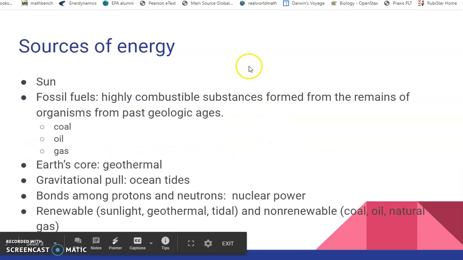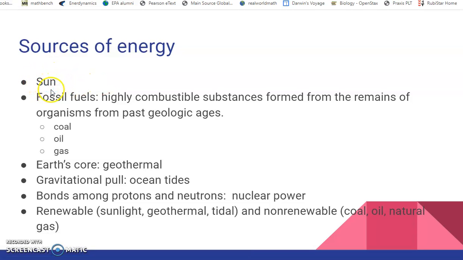Okay, and just a little bit about sources of energy. So probably you all know the sun is the ultimate source of a lot of our energy. When we talk about living systems, almost all, except for a few exceptions, are going to get their energy from those photosynthetic producers, right? But it also is a source of our energy that we get.